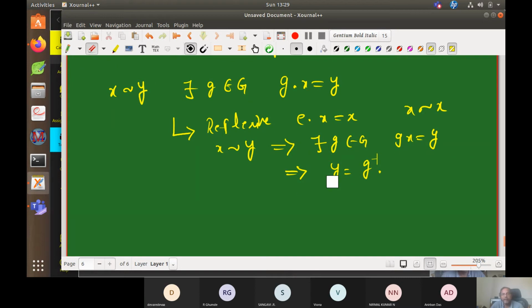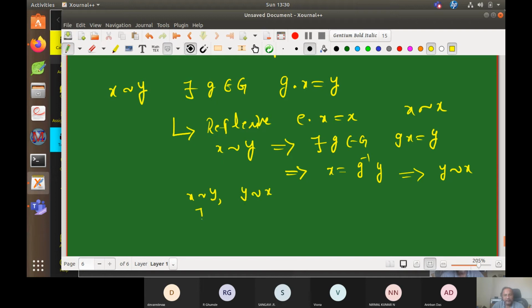Some mistake I made, but I'll correct that. First we act g inverse on both sides, then again use the second property, and finally I get x equal to g inverse y. From this it is easy to see that y is related to x.